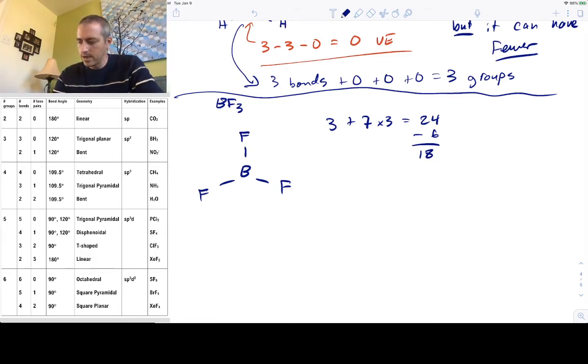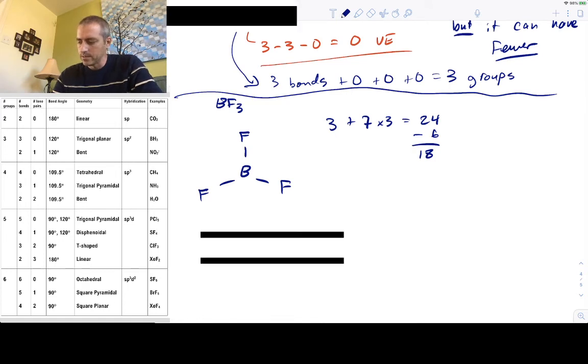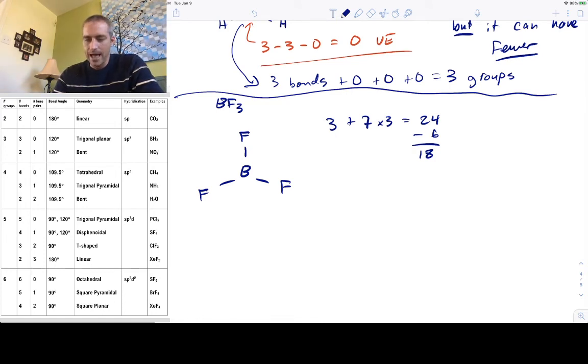So what we need to do now with our BF3 is add electrons to fill up the outer atom octets. Fluorine wants 2, 4, 6, 8, 10, 12, 14, 16, 18. We've added 18 electrons. We subtract that from our total, leaving 0. There's no more left behind to put on the central atom.